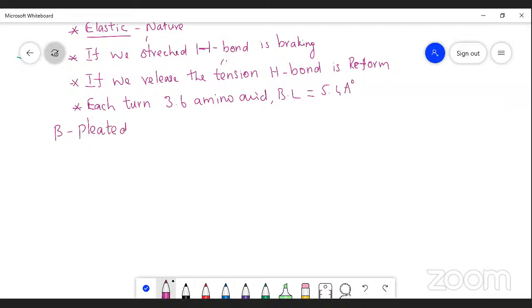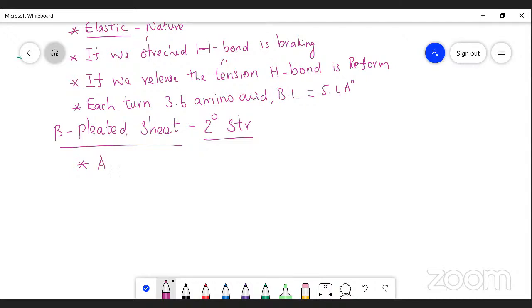The beta pleated sheet structure is a secondary structure of protein. Another type of secondary structure is the beta pleated sheet. And what will happen in beta pleated sheets? Here, the amino acid chains are arranged side by side.